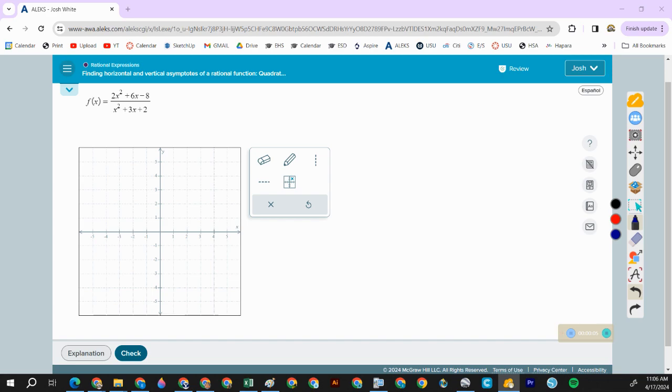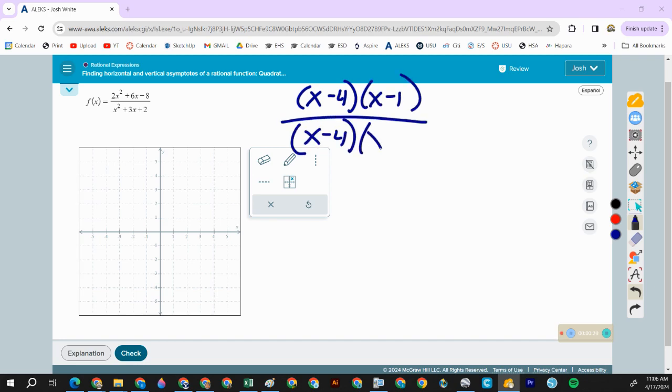7.4. We are going to be graphing rational expressions, and there are lots and lots of rules. Okay? So, let's say I have this. Each one of these factors has a specific structure on a graph.